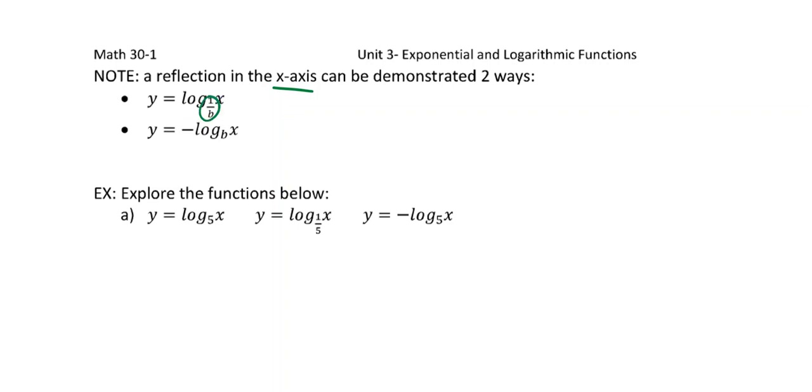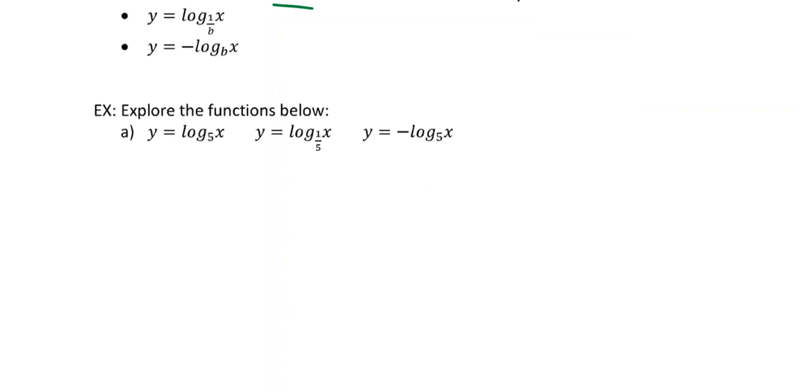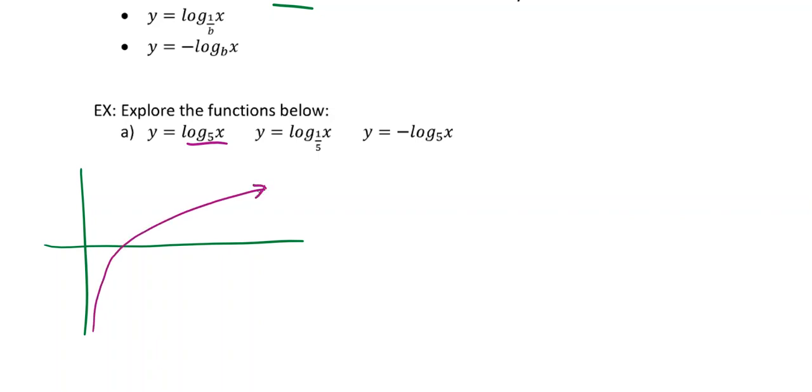And to see why that makes sense, let's say we had, like this example here with log base 5, right? Actually, you know what? Here, let's sketch it first. So if I sketch this thing quickly, then y is equal to log base 5 of x would look something like that.